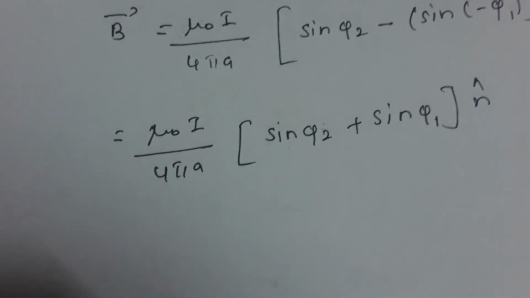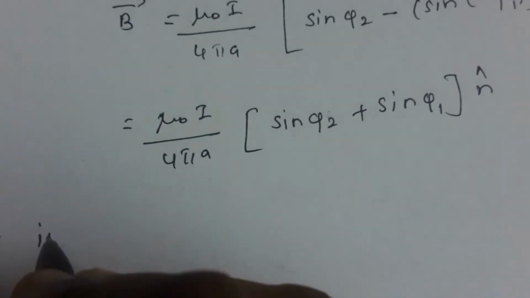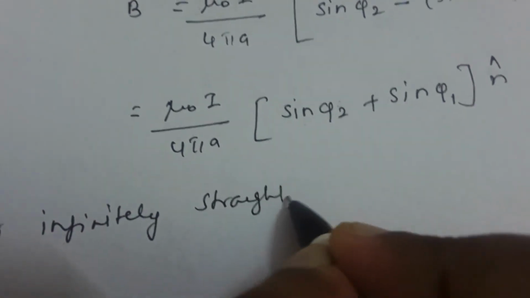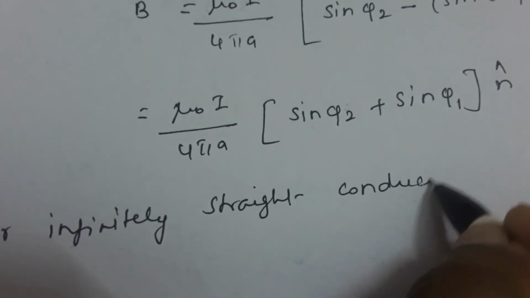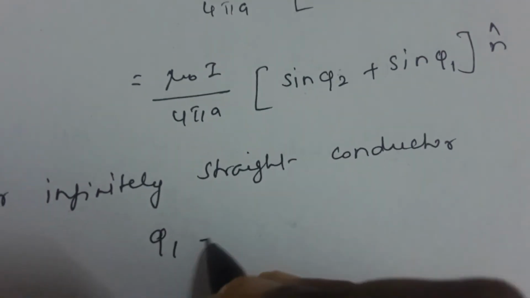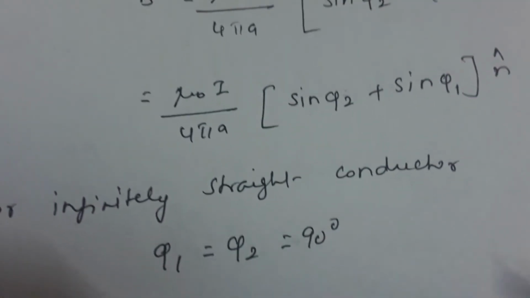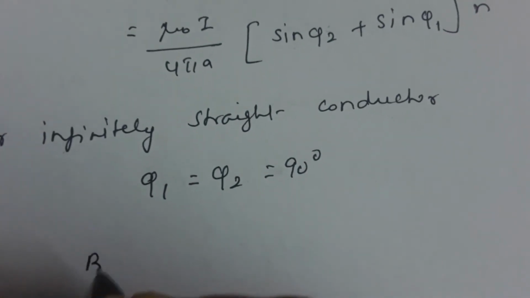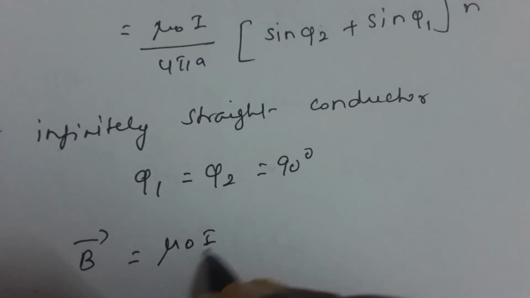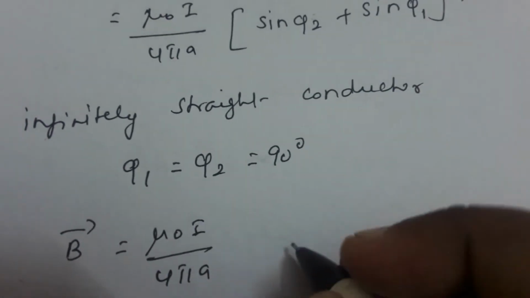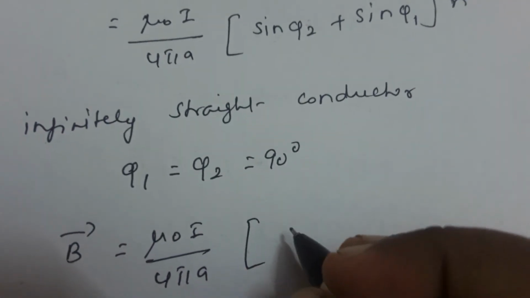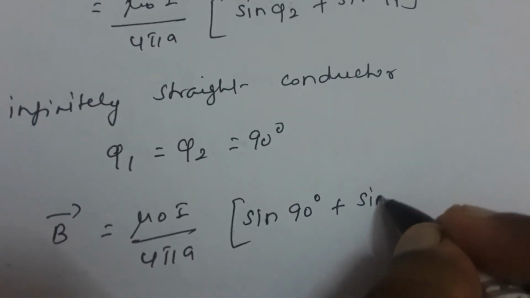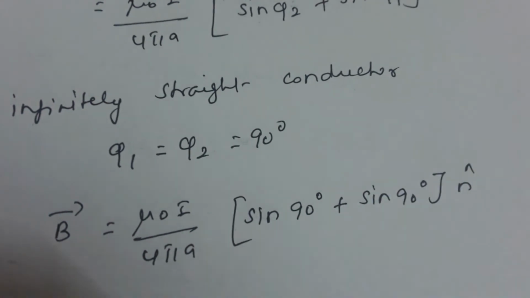Now, for an infinitely long straight conductor, the value of phi 1 is equal to phi 2, which is equal to 90 degrees. This is only for straight conductors. So we can write B vector is equal to mu 0 I by 4 pi A, and we substitute the values for phi 1 and phi 2. So sine 90 degrees plus sine 90 degrees into n unit vector.